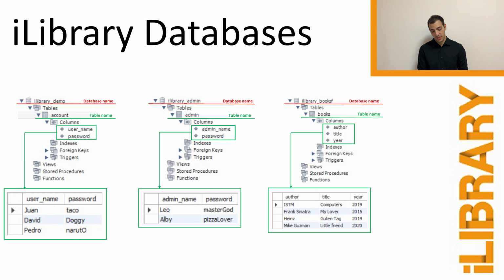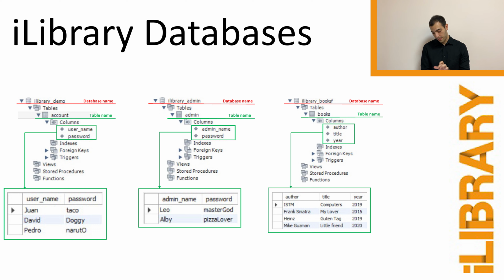Okay, so here we can see how we structure our iLIBRARY server. We created 3 different databases. The first one, on the left of the slide, is where we stored all the usernames and passwords of the users.